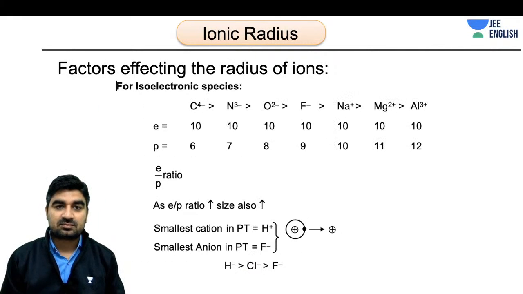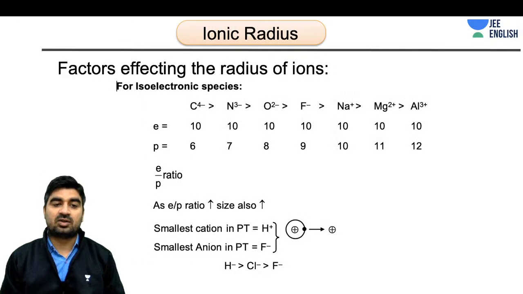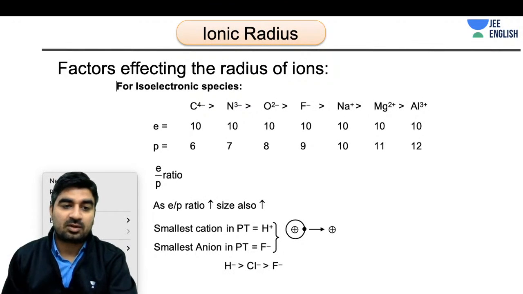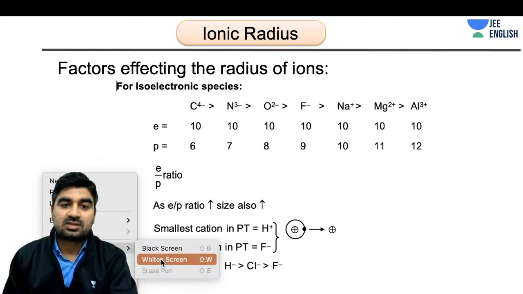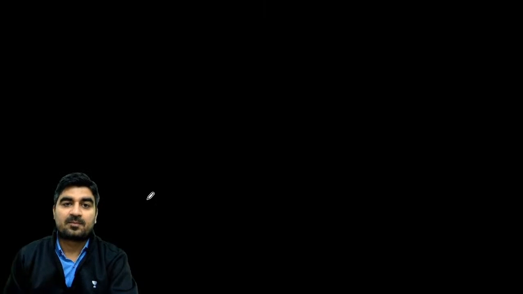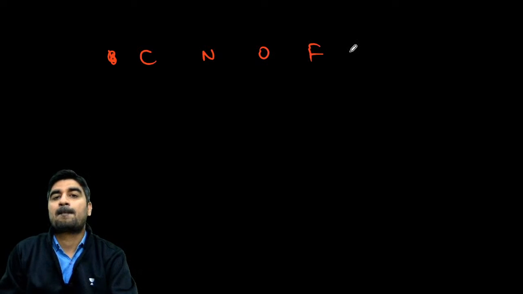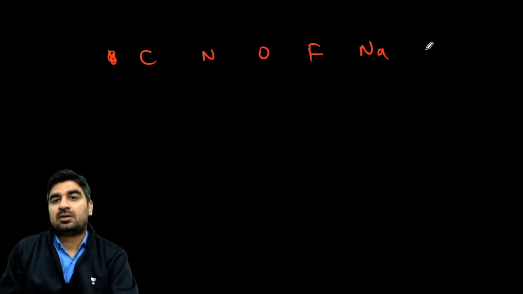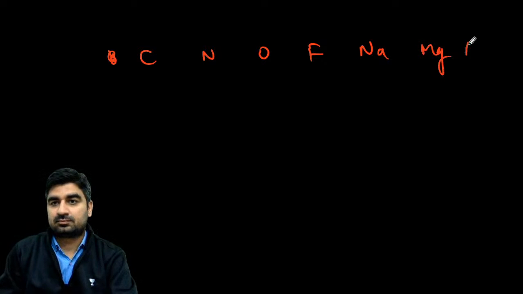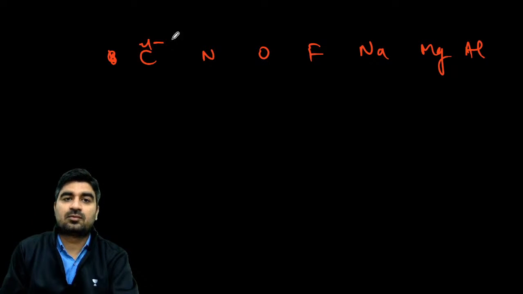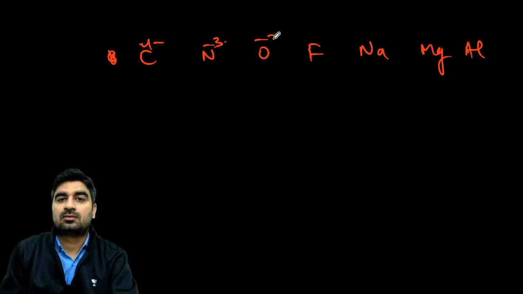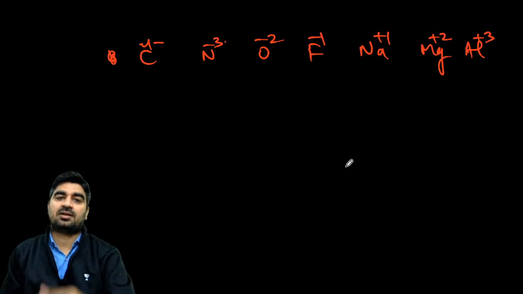Right? So now let's talk about isoelectronic species. What are isoelectronic species? Let me take one example. Suppose I'm taking carbon 4 minus, nitrogen 3 minus, oxygen 2 minus, fluorine minus 1, and sodium plus, magnesium 2 plus, aluminium 3 plus.